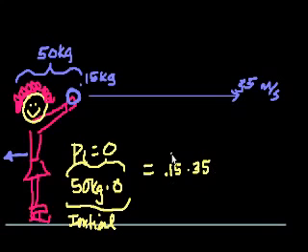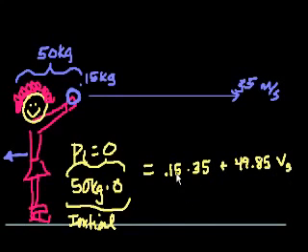This is the momentum of the ball plus the new momentum of the figure skater. What's her mass? Her mass is going to be 50 minus this. It actually won't matter a ton, but let's say it's 49.85 kilograms times her new velocity, the velocity of the skater.